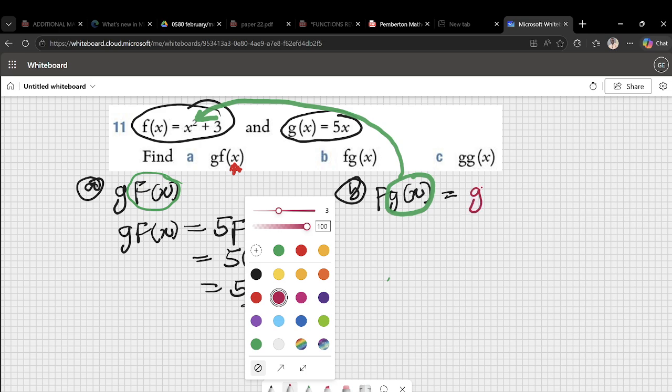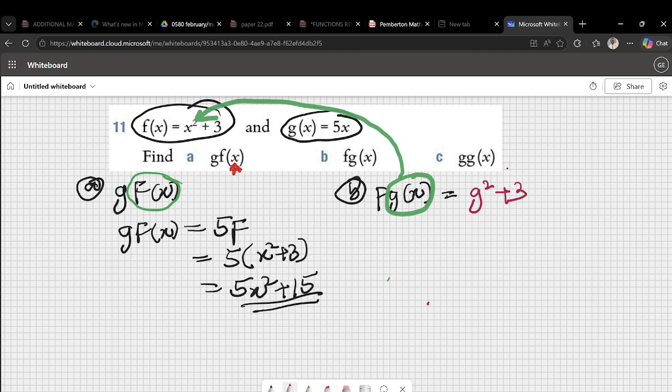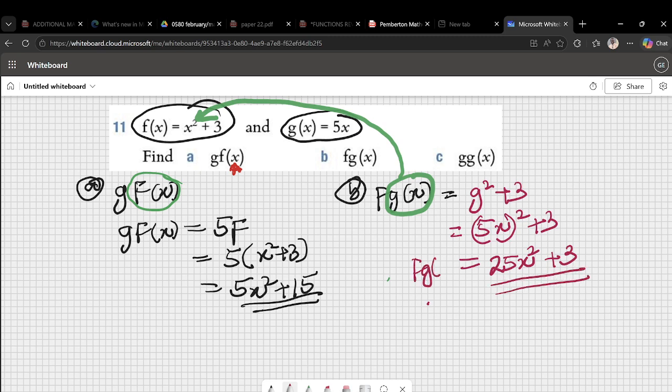This is going to be what? g squared plus 3. Because your g is replacing your x. So what is g now? g is 5x all squared plus 3. And that's going to be 25x squared, because 5 times 5 is 25, x times x is x squared. So that's going to be your answer to that. So f of g of x is going to be that.